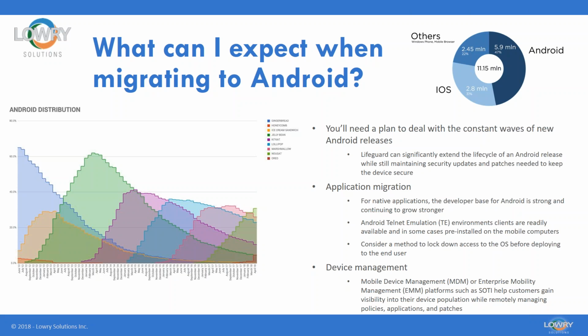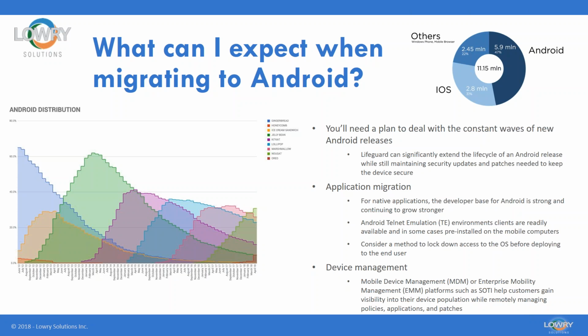Just a note that LifeGuard is included with Zebra's OneCare service contracts. That's how you get access to those files, and you can plan the migration. You can stay on a specific version and get the patches for that, or it lets you extend the length of your transition if you're going to go to the next version.